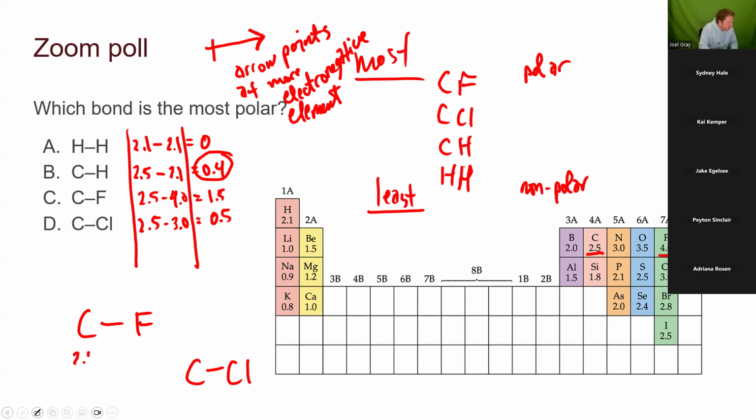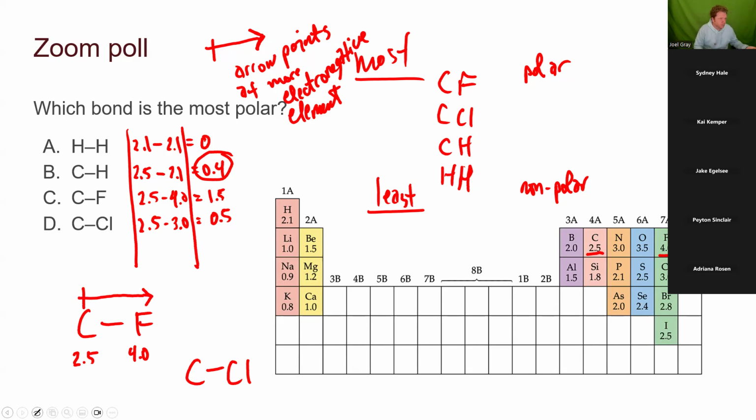So 2.5, 4.0. I always think about this as where are the electrons more likely to be? The electrons are more likely to be by that electronegative element. So that's my arrow right there.